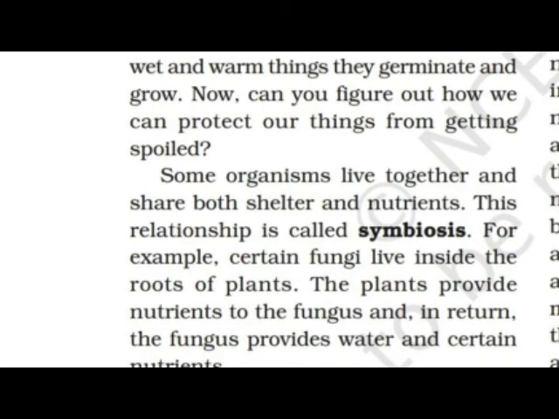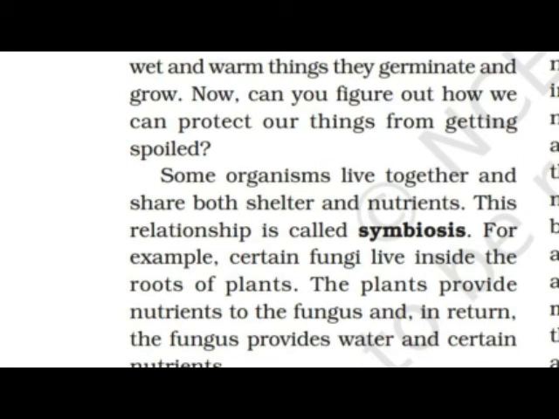Here we can prepare the question: define symbiotic relationship, or what is the symbiotic relationship. You can tell the definition: some organisms live together and share shelter and nutrients. This is called symbiotic relationship.